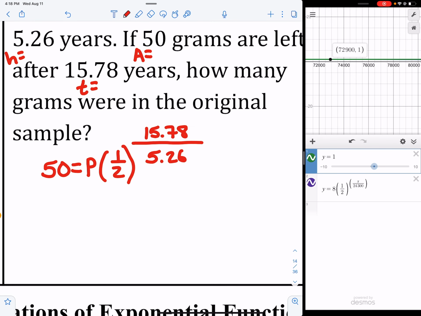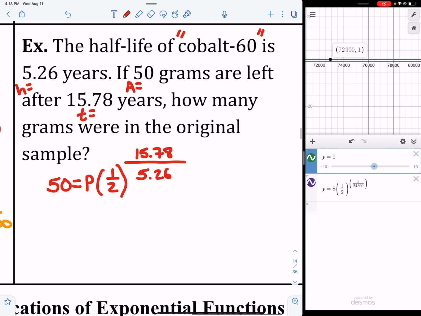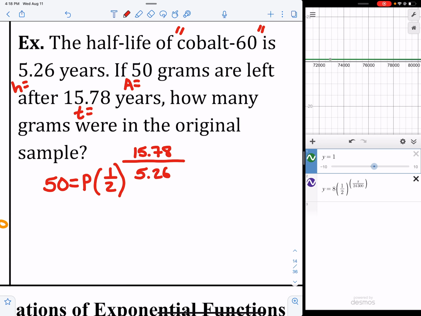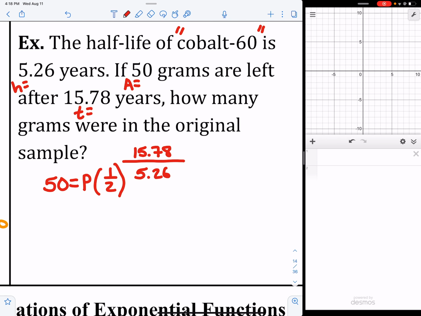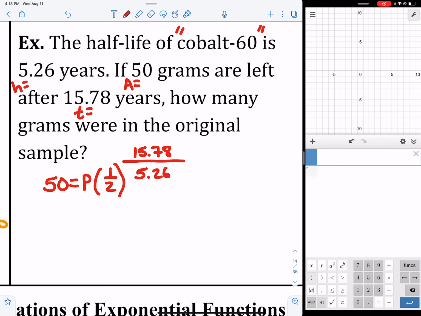Now in this case, we do not have to make this into a system of equations because we have numbers except for that P. So we can work with them, like our variable's not in the exponent, in other words. So what I'm going to do is reduce this down to something that looks a lot nicer. So let's type in 1/2. In the exponent, type in what you see, which is 15.78 over 5.26.